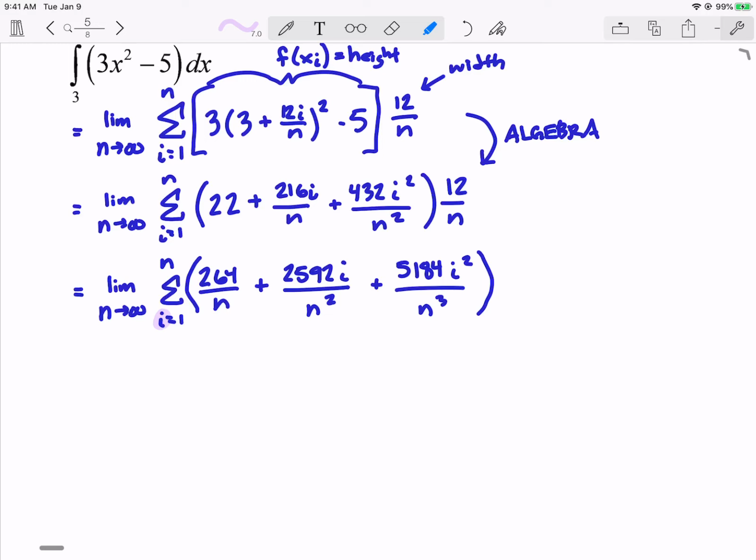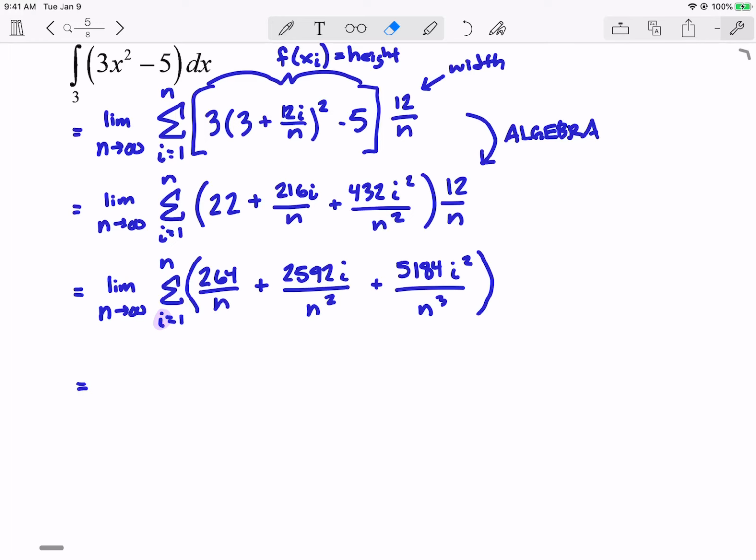Well, I simply don't have the time to add up infinitely many things. So, one thing I can do is factor out anything that doesn't involve an i. And I can also split this up to be three separate sums because I have three terms being added together. So with a rewrite, I can pull out the 264 over n.